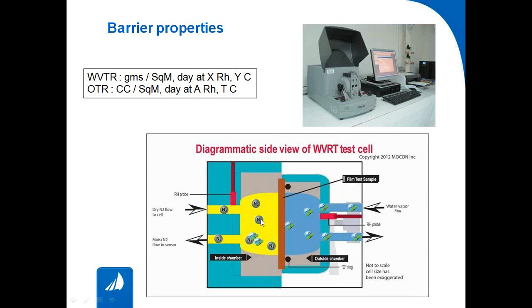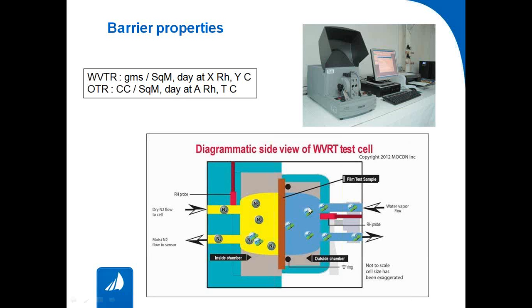Now, if the moisture passes through this test film, it gets mixed with the nitrogen, and the moist nitrogen goes out, and there are sensors which can actually detect each molecule of the moisture, and this test continues over a period of time. When it's stabilized, we can calculate how many grams of moisture pass through this test film per square meter in a day at a particular temperature and relative humidity. That's how the MVTR values are declared.